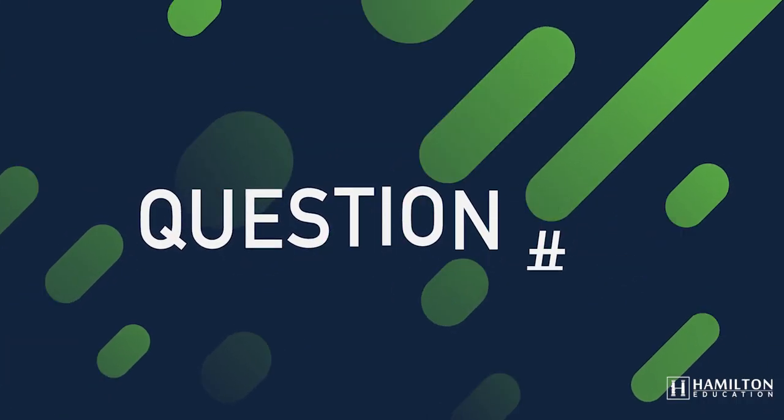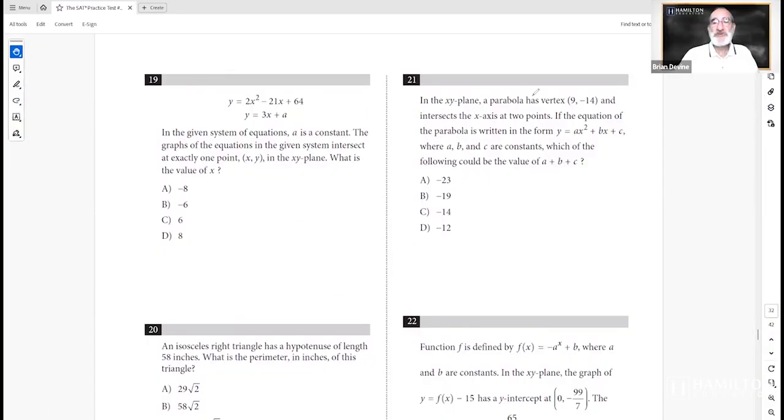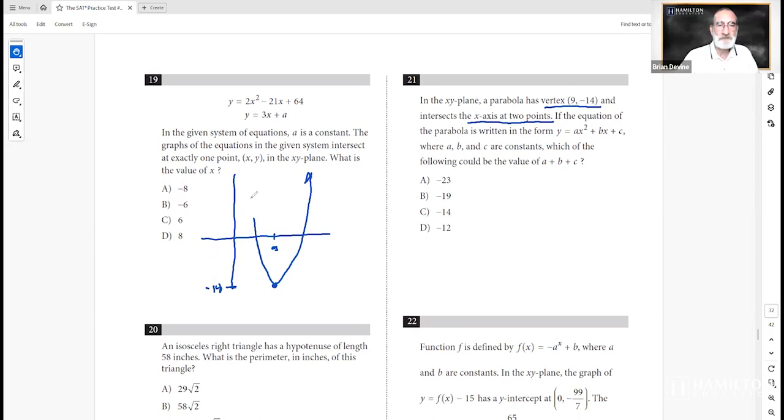Question 21. In the xy plane, a parabola has a vertex at 9, negative 14. It intersects the x-axis at 2 points. Let me draw that. So 9, negative 14, the vertex is here, and to intersect the x-axis at 2 points, it's got to open up.